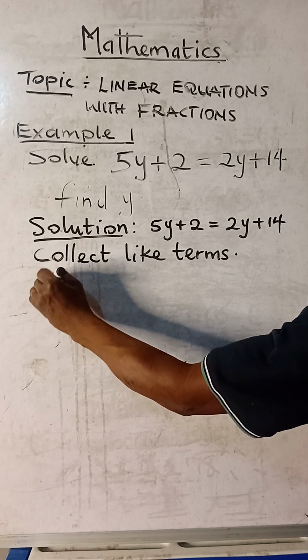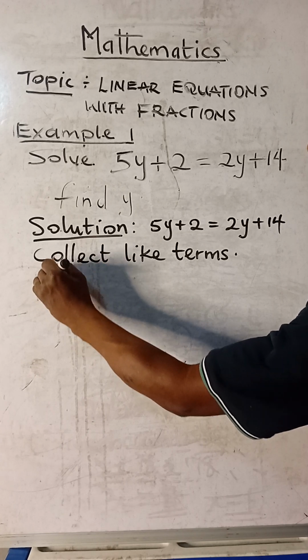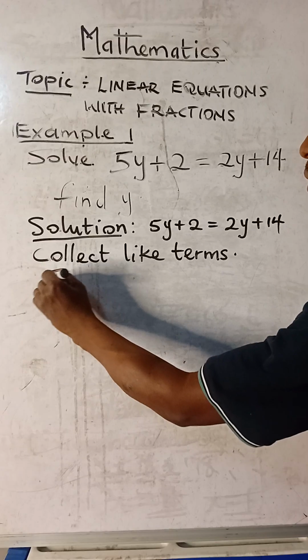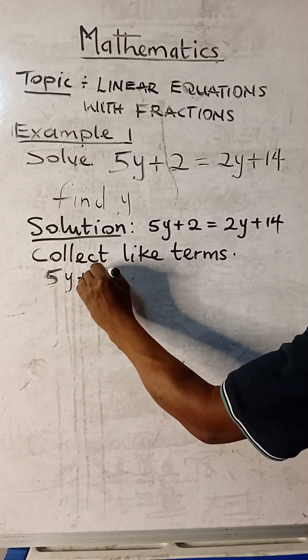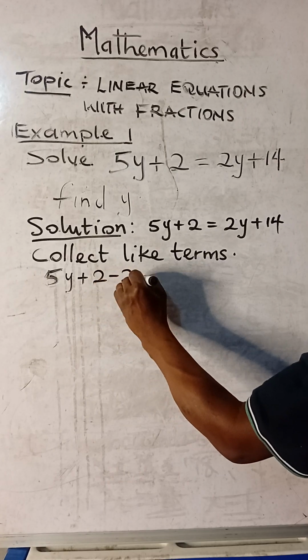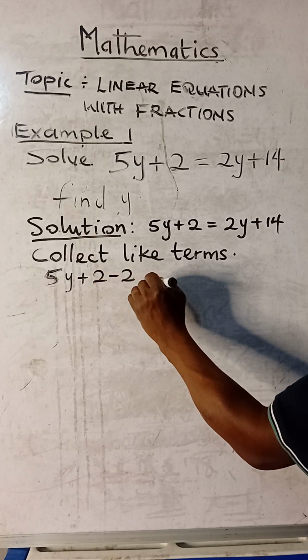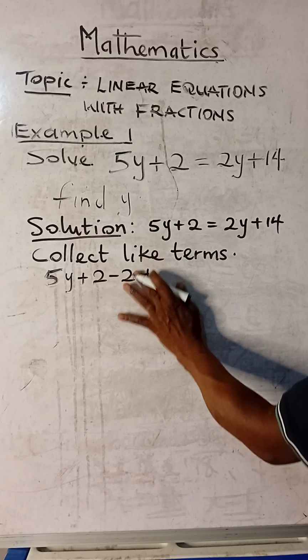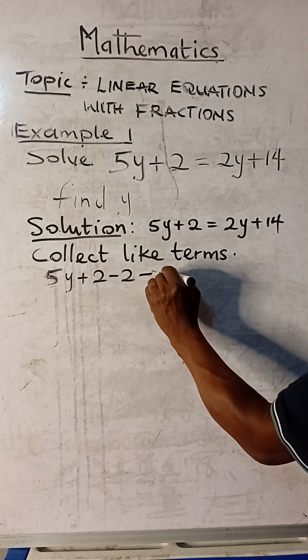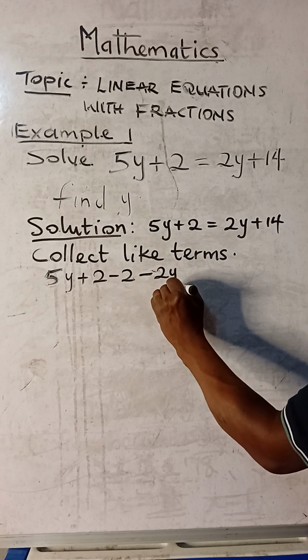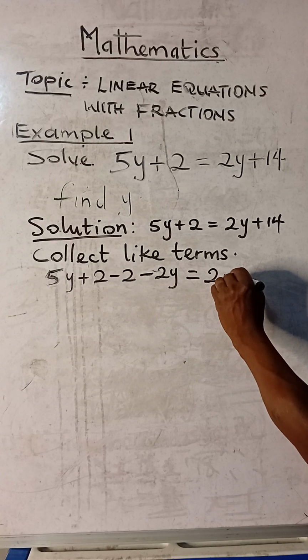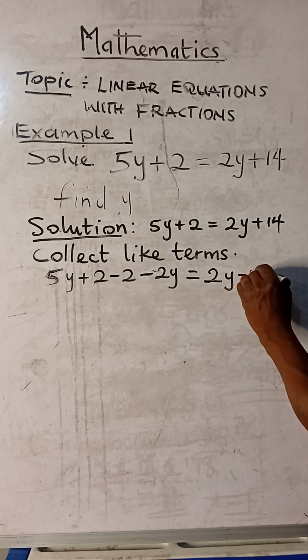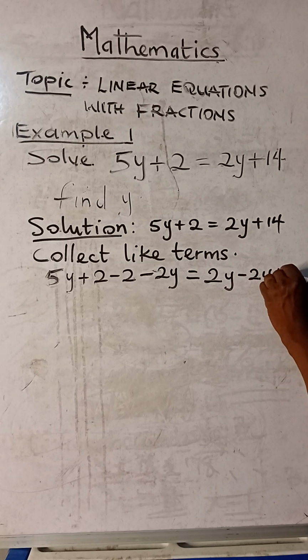We'll say 5y plus 2 minus 2 minus 2y equals 2y minus 2y plus 14.